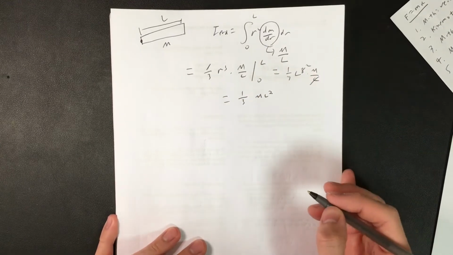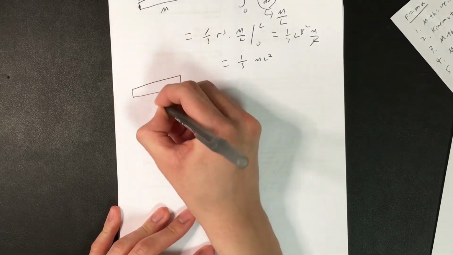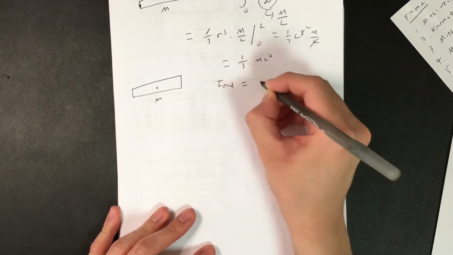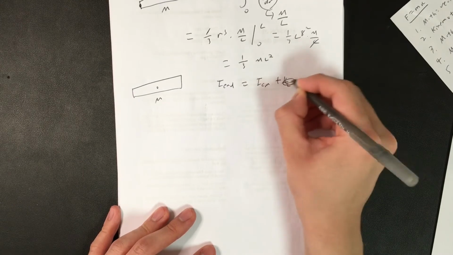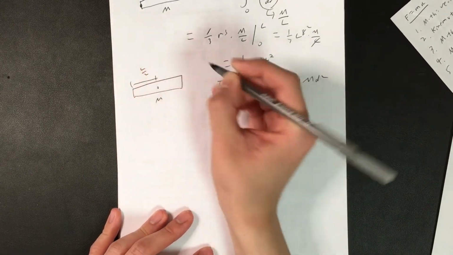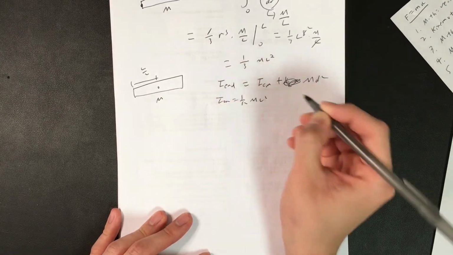Now let's check if this aligns with the parallel axis theorem. Parallel axis theorem claims that I at the endpoint should equal to I center of mass plus m d squared, where in this case d equals to L over 2 and I center of mass equals 1/12 m L squared.